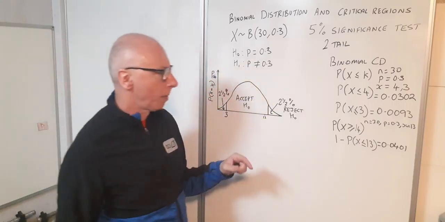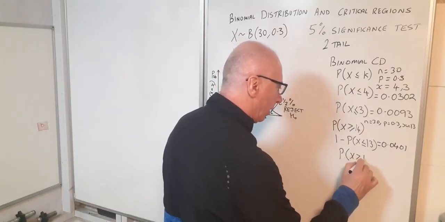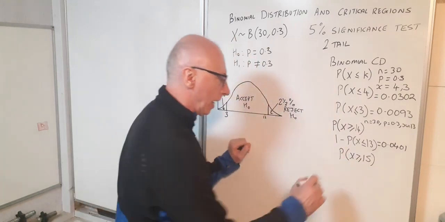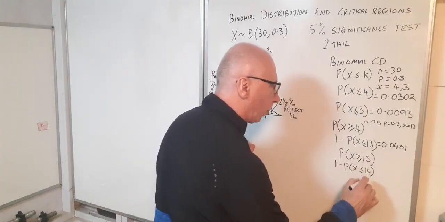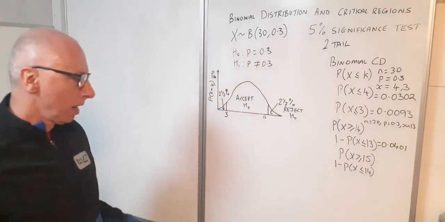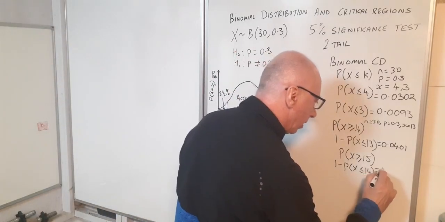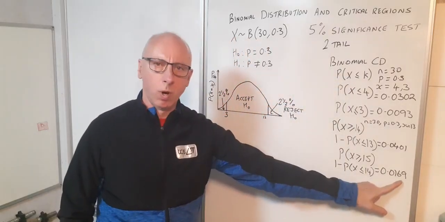So let's try the next one. Probability X is greater than or equal to 15. In which case our calculation would be 1 minus probability X is less than or equal to 14. So same as this, but you just type X is 14. That will come out to 0.0169, and you can see that's just over 1.5%.